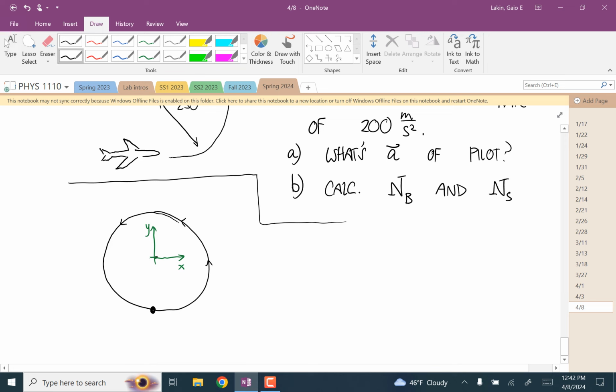We're still assuming that the motion is this direction. So the velocity vector is tangent to the path in the direction of motion. The centripetal acceleration is from the point we're looking at toward the center. So there's the centripetal acceleration.